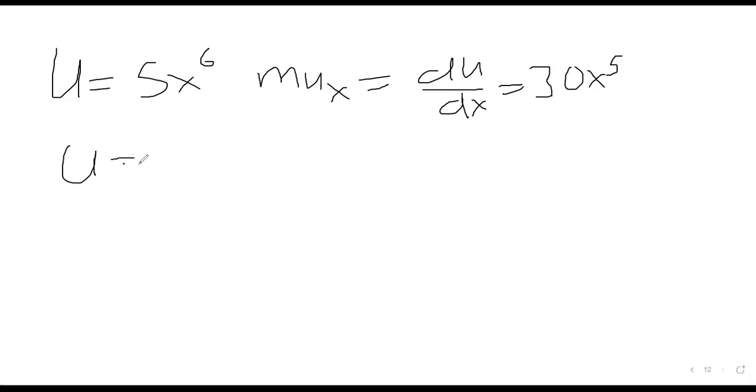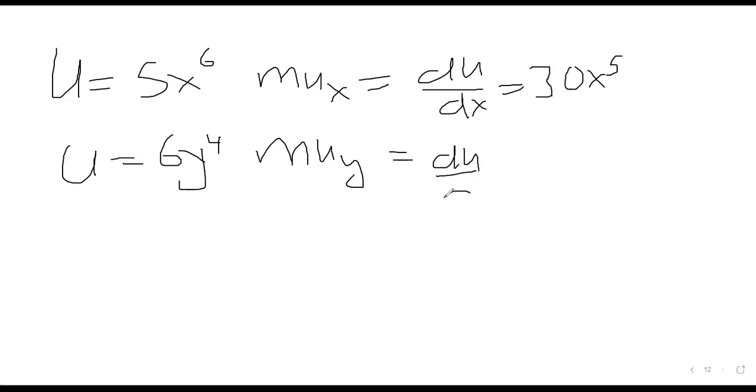If we had 6y^4, to get the marginal utility of y, it is du over dy. This is 24y to the power 3, because you multiply 4 times 6 is 24, and subtract 1 from there.